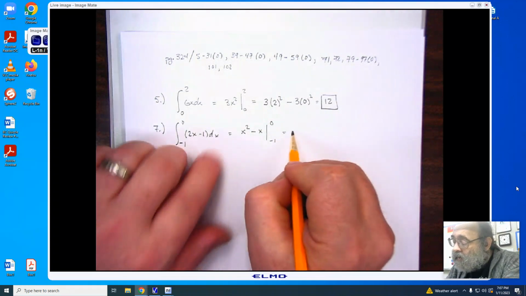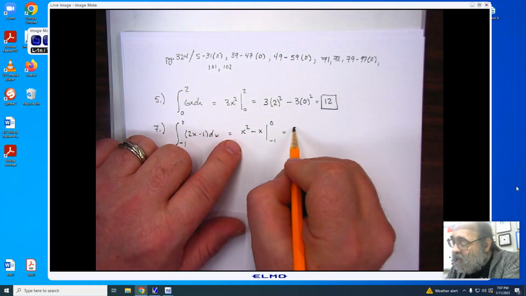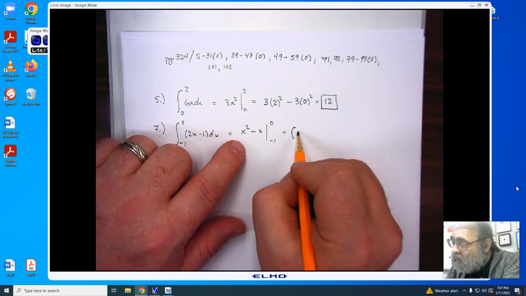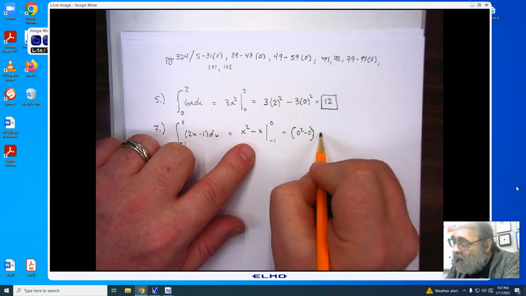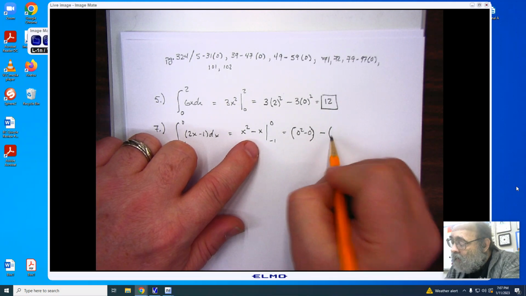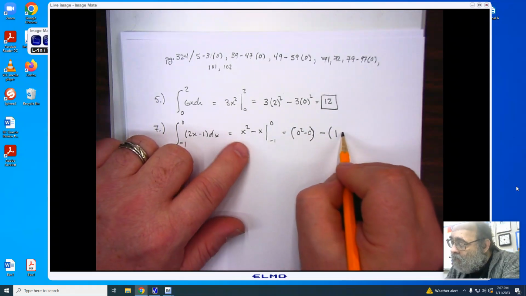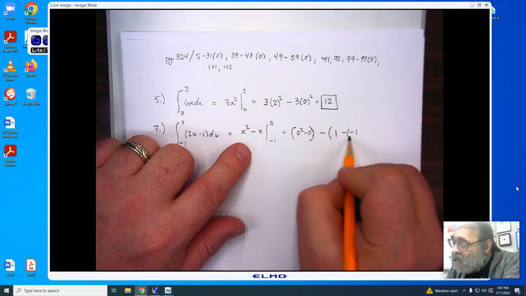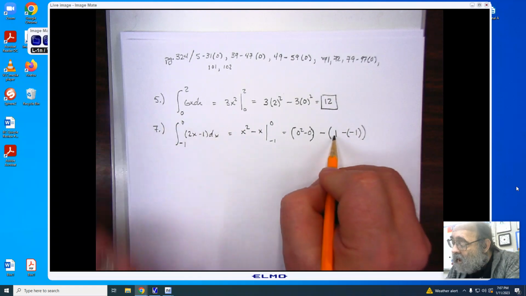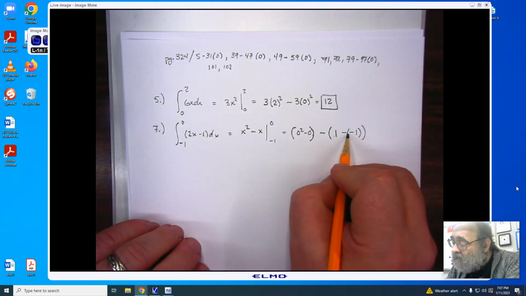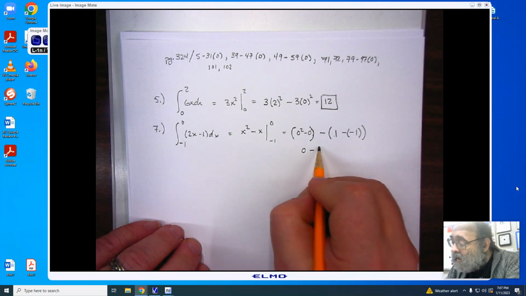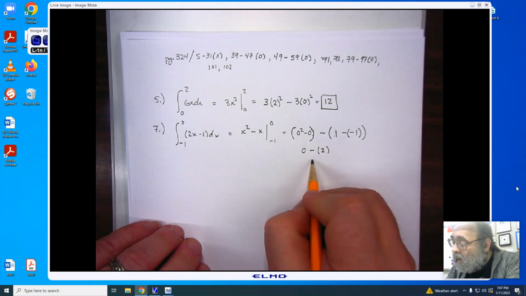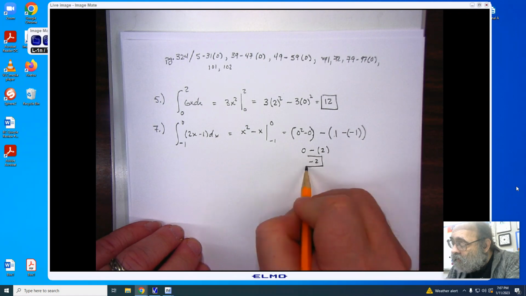We're now going to plug in our 0, and I'm going to do this in two pieces: 0 squared minus 0, and then minus, and we're now putting in 1 minus -1. Notice the double negative there made this a positive, and we have another double negative that's making a positive here. We then have 0 minus 2, and our answer is -2.